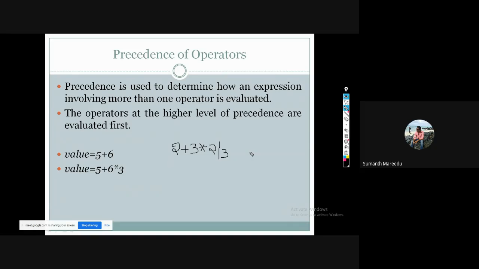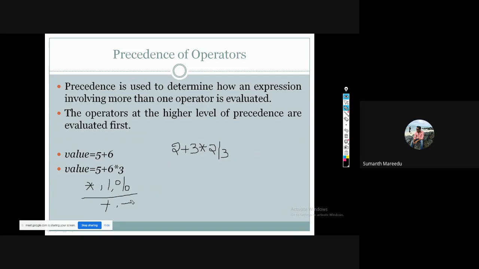According to what we discussed as of now, what is the precedence of operators? Multiplication, division, and modular operator. All these three operators have high precedence when compared to addition and subtraction.